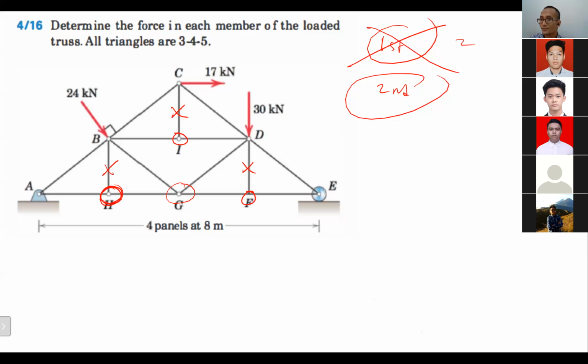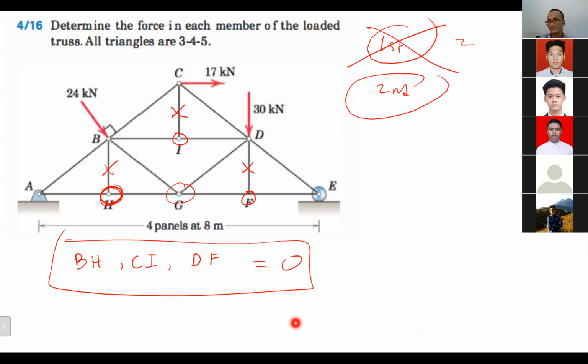I believe, based on your calculation, you can find that BH, CI, and DF are equal to 0. If it's not like this, then your calculation in your homework is wrong. Try to recheck again. These 3 must be 0. Correct or not?